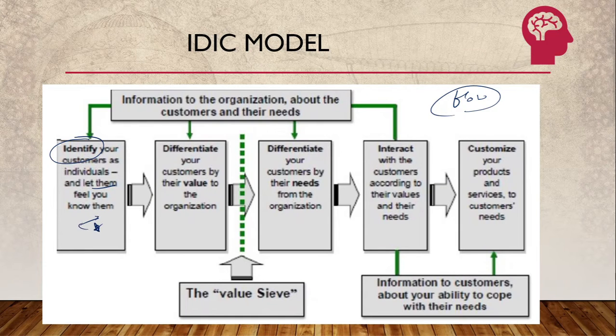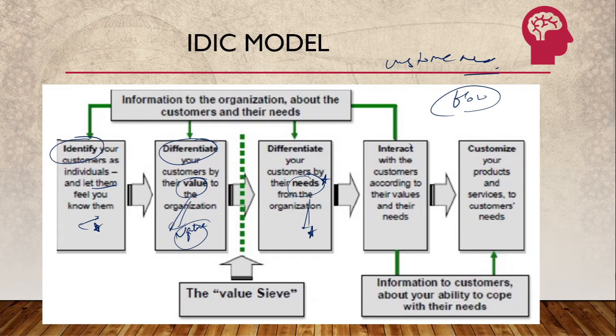That is, first you need to identify the market and the customers, and then you need to differentiate the customers based on the value generation and also the needs from the organization. So in the differentiating step you rank the customers based on value and also by their needs from the organization. So the customer need is also important.